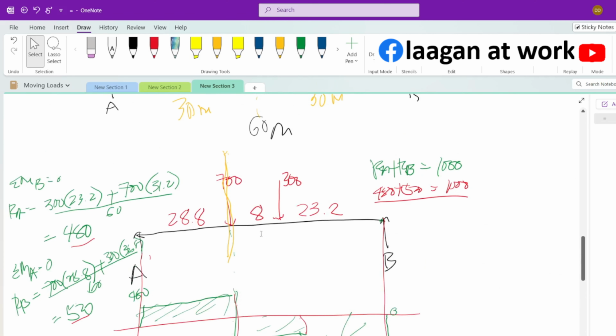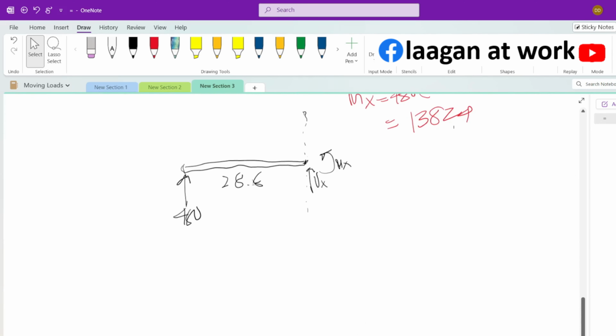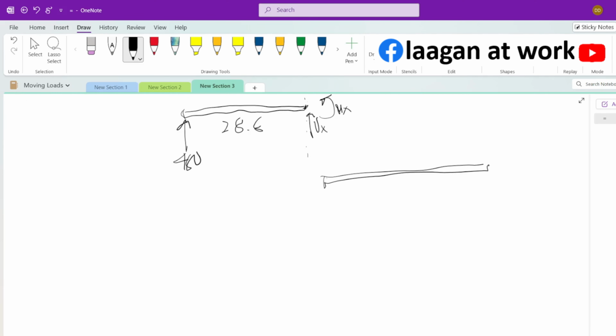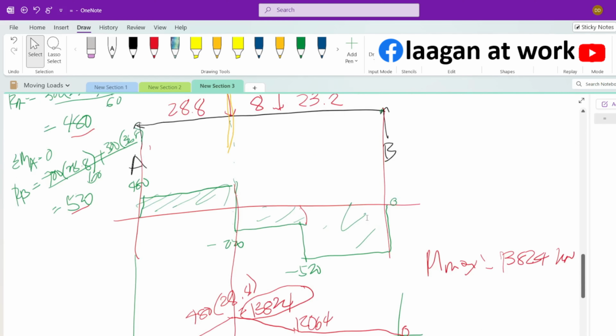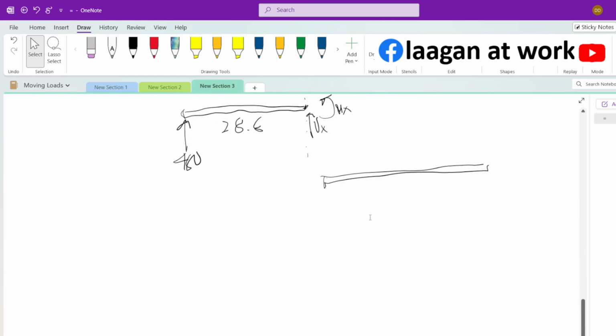So we just draw the free body diagram to the right of the 700 kilonewton location. That would be the remaining distance, 23.2 plus 8 is 31.2. So this is 31.2 meters, and this is your reaction at B, which is 520.